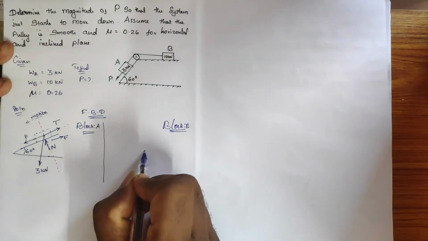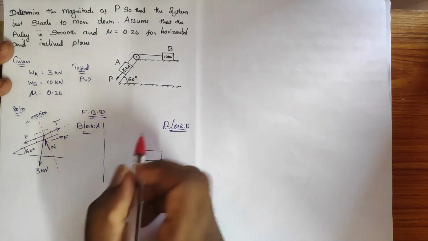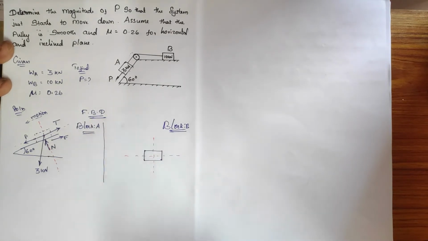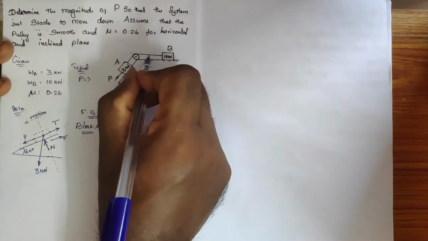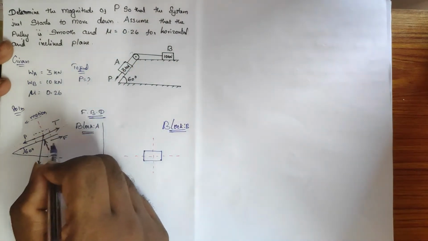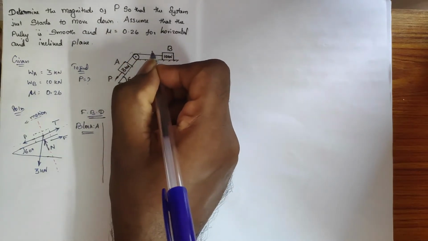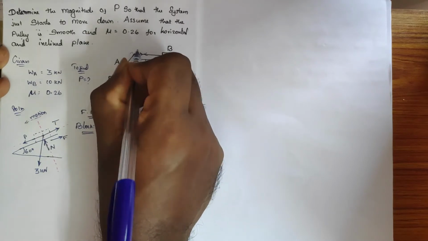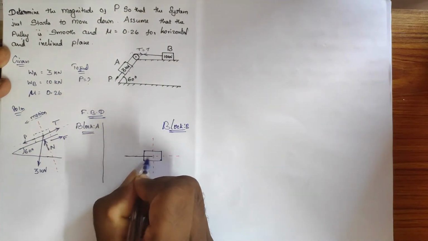Here it is a horizontal surface, so no issue at all. Take the axis, it will be very easy. The tension force will be acting here. Since the pulley is smooth, no need to consider anything else. The tension force acting will be equal on both sides, acting away from the point.